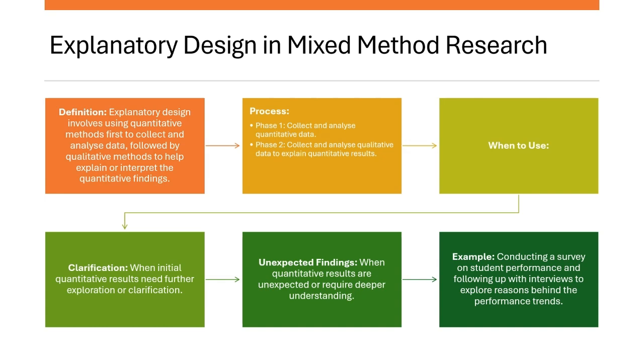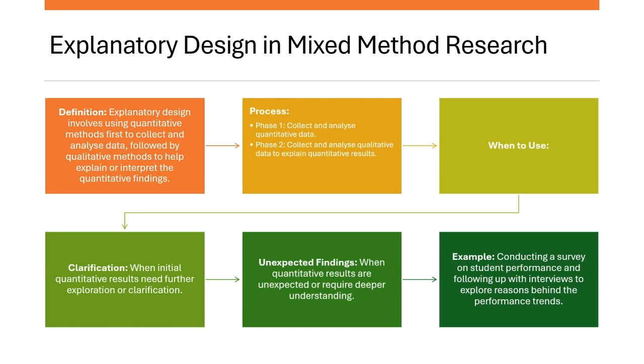So we typically use this explanatory design when we want clarification. For example, the initial quantitative results need further exploration or clarification. Or we might have unexpected findings when the quantitative results are unexpected or require deeper understanding.